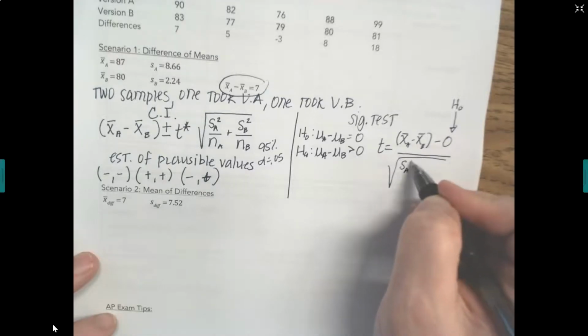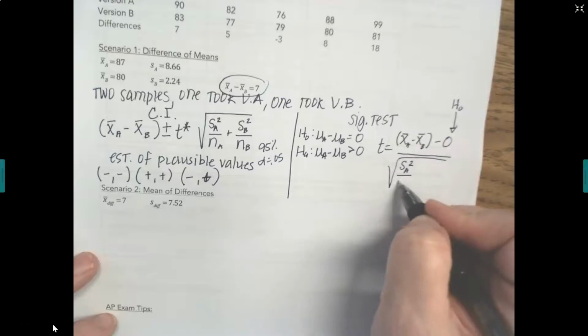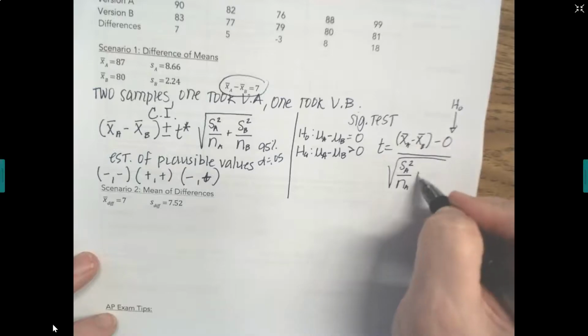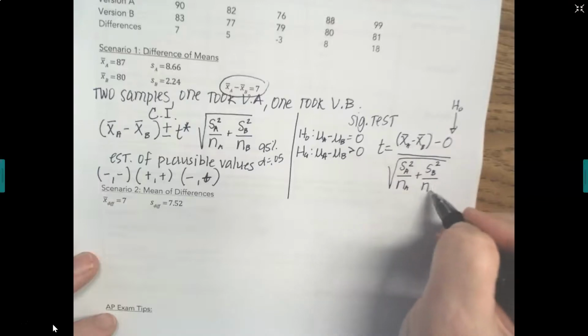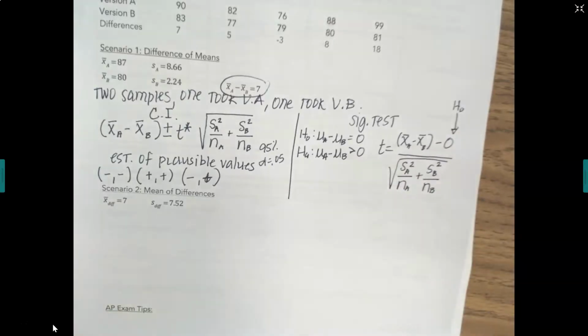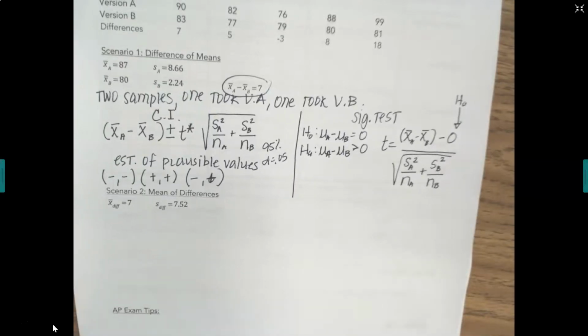The standard deviation of A squared divided by the sample size of A plus the standard deviation of B, and you got to square it, divided by the sample size of B. And then you'd be able to look up a p-value like we've been doing. Okay, so that's if we're looking for a difference of means. I had 2 samples.